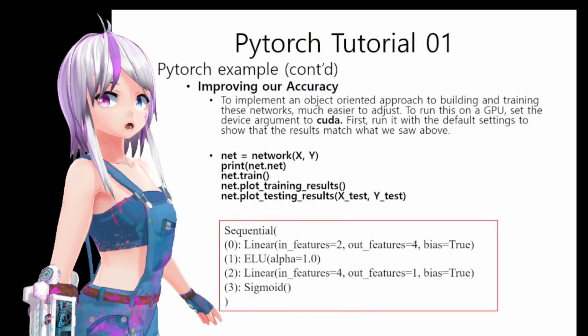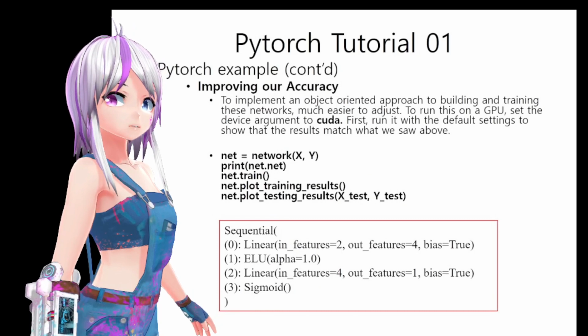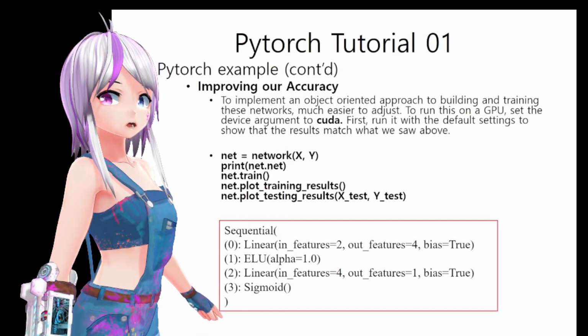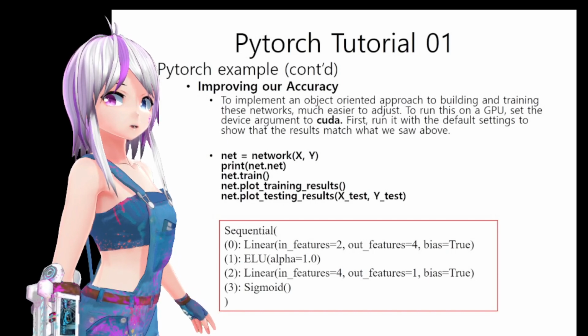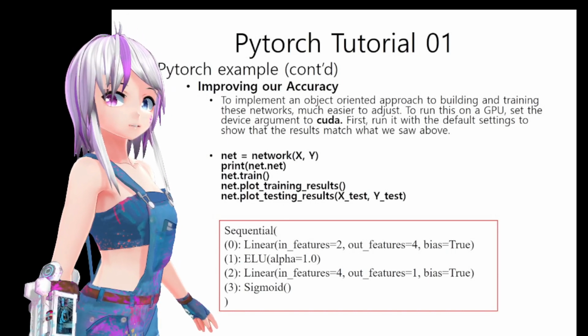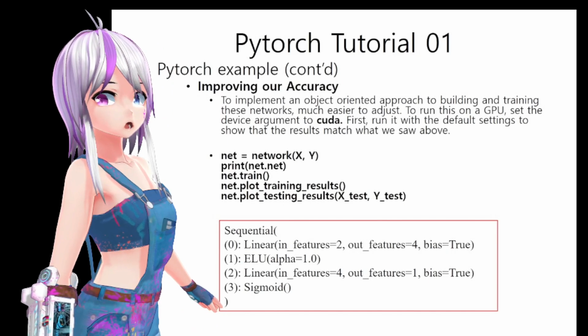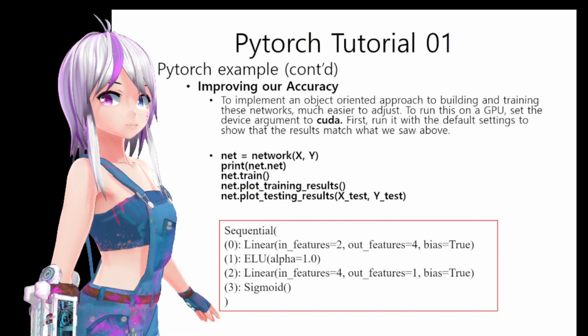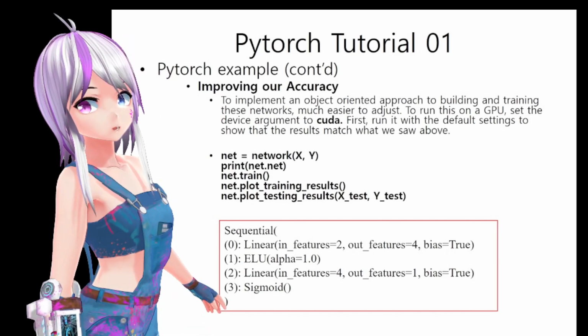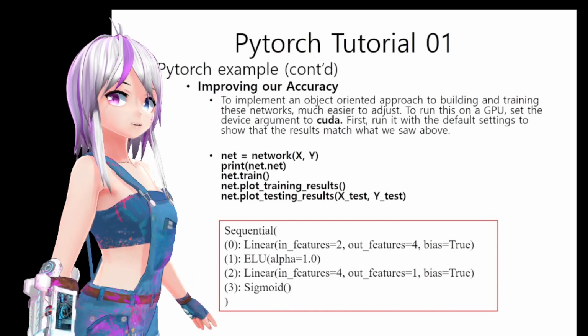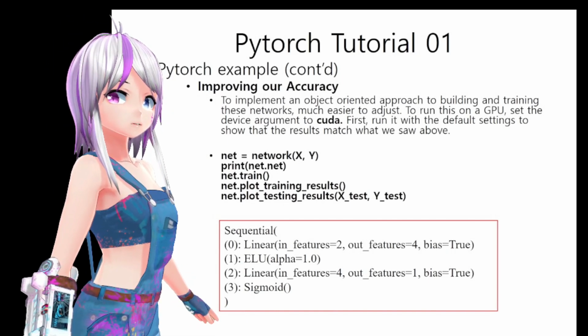Now, continuing our PyTorch example, we need to improve our accuracy. One simple way to improve this accuracy is that we need more learning cycles, or we need more parameters. Sometimes we need more hidden nodes.